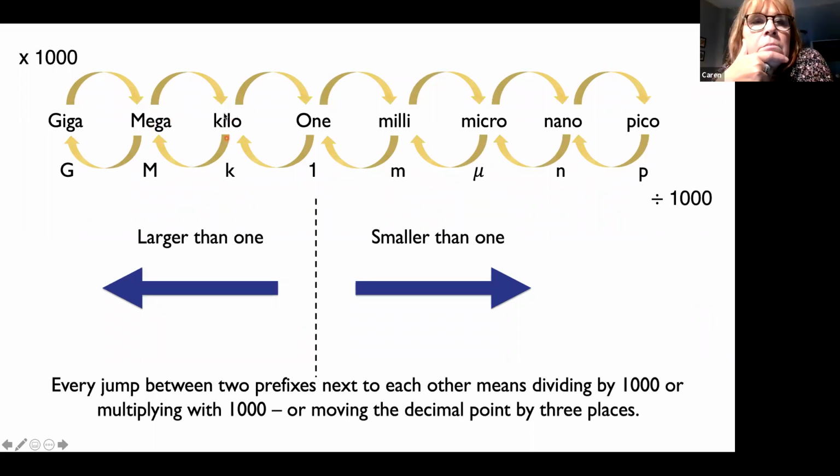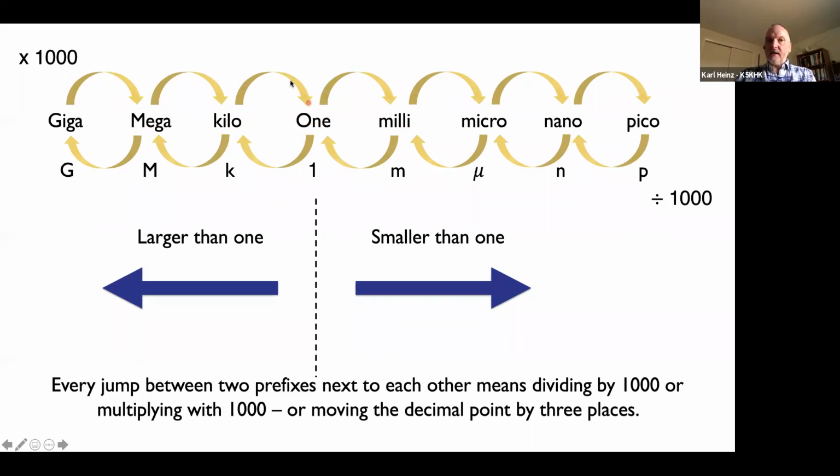Mm-hmm. Okay, so the kilo is here. And we see the relationship between a kilo and the 1 is we either multiply by 1,000 or we divide by 1,000 when we go the other way. So a kilometer is 1,000 meters. A milligram is a 1,000th of a gram.